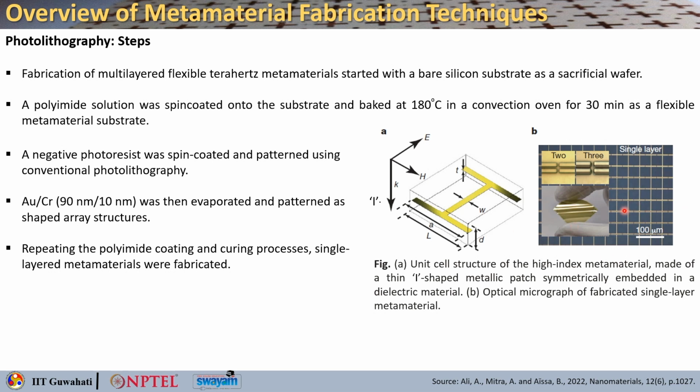Multi-layer metamaterials on silicon substrate can also be fabricated in the same way by repeating the process you have seen for the single layered one until the desired number of metamaterial layers are stacked. Finally, a flexible terahertz metamaterial can be fabricated by peeling off the metamaterials from the silicon substrate.